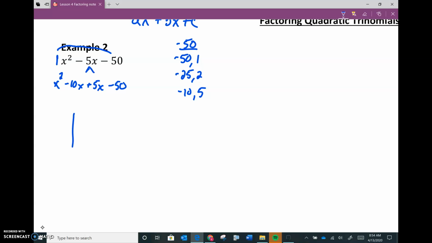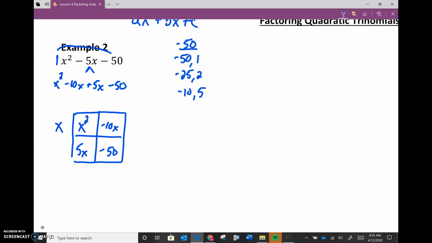Well, if you got 4 terms, we can do that just like the example above. I'm going to put my first 2 terms in the top row, last 2 terms in the bottom row, and do it exactly like we just did example number 1. Common factor of my top row here would just be an x.